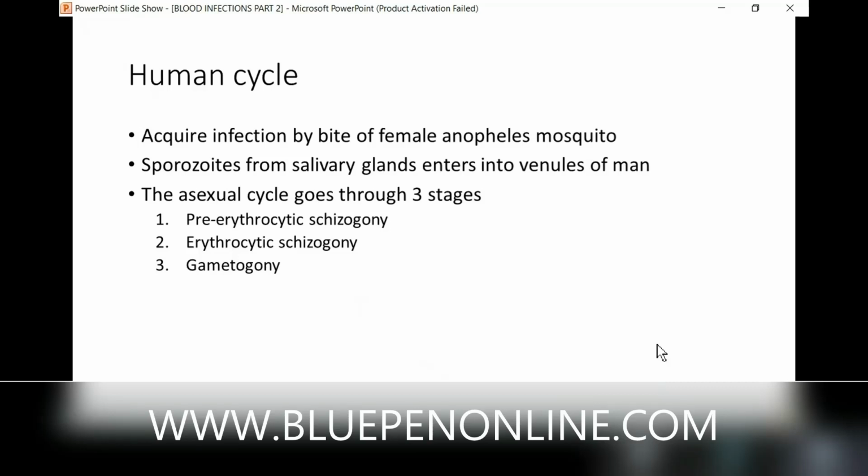Pre-erythrocytic schizogony is also called hepatic schizogony because this stage takes place in the hepatocytes, before the entry into the RBCs. Erythrocytic schizogony takes place in the RBC, and gametogony later takes place when it comes into the blood, disseminates, and forms the gametes.